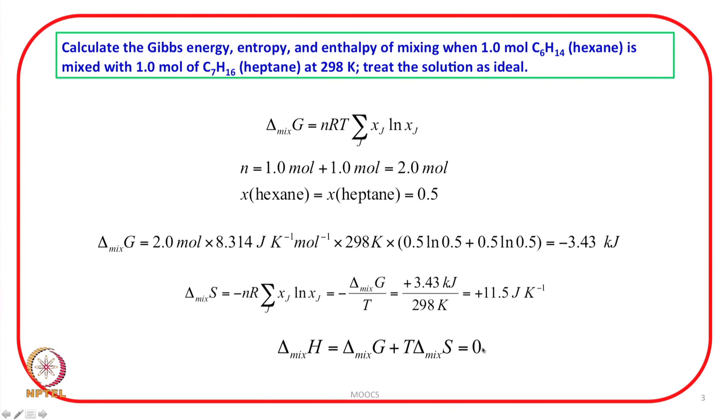The enthalpy of mixing is 0 and the entropy of mixing is 11.5 joules per Kelvin, which is positive. So, this numerical problem also demonstrates that the spontaneous mixing is driven by entropic factors. It is the entropy of mixing which drives this process of mixing.